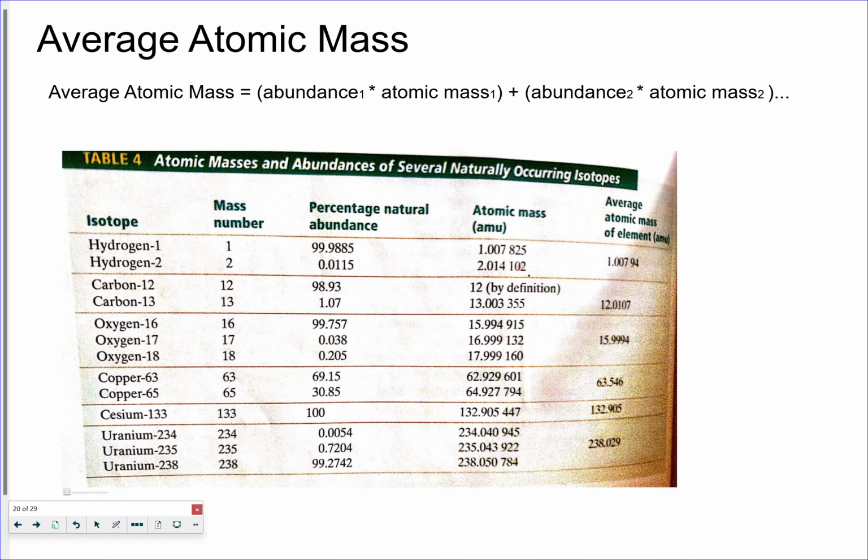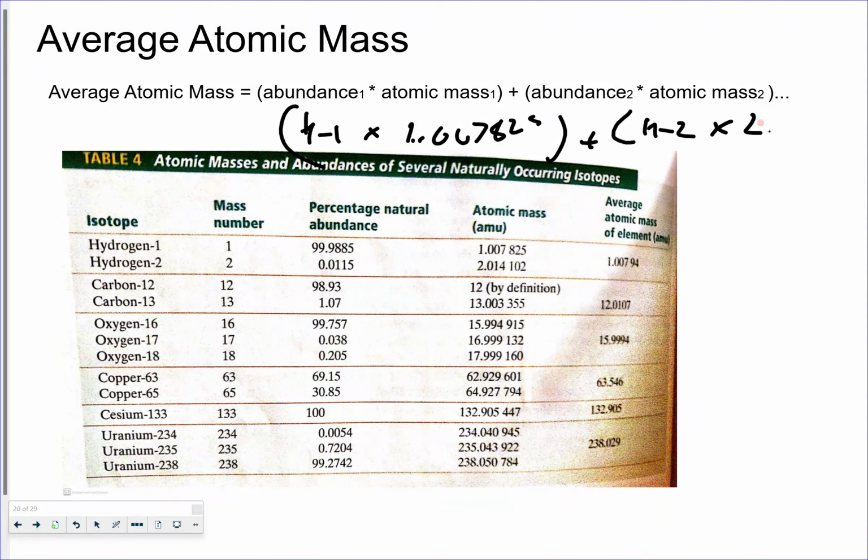You would take the abundance of hydrogen 1 and multiply it by its atomic mass, which would be 1.007825, and then add the percent abundance of hydrogen 2 times its atomic mass, and then you would get the average atomic mass of that element.